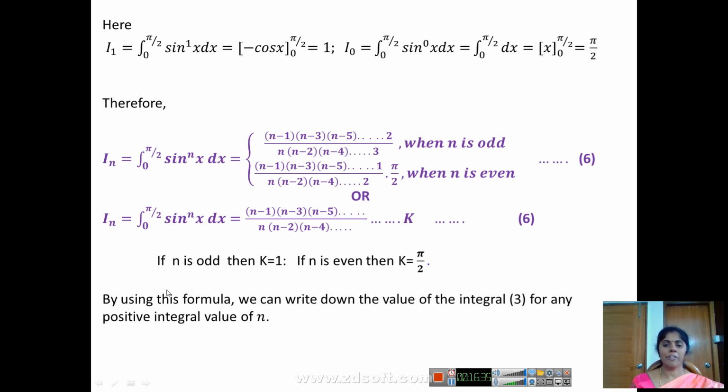If n is an odd number, k yields the result 1. If n is an even number, then k becomes pi by 2. And here we are having all the multiples. If n is an even number, multiply at the end by pi by 2. If it is odd, multiply at the end by k equals 1.